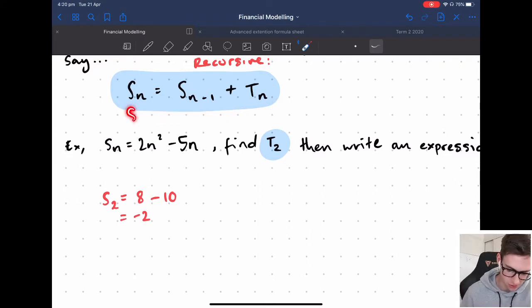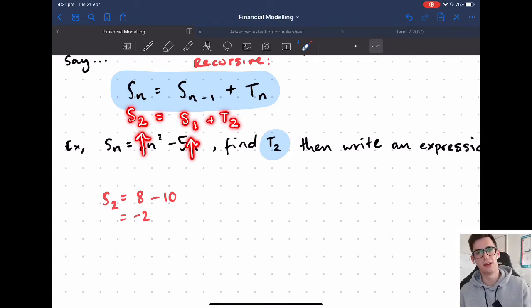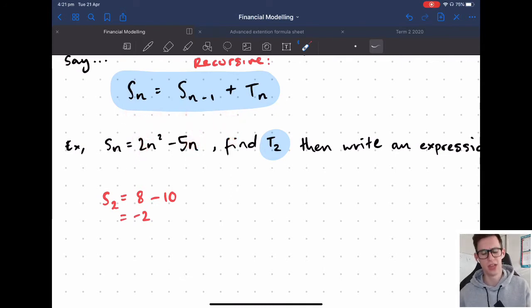We're saying to find the second term, I could set the second sum equal to the first sum plus that term. So if I knew both of those things, the second and first sum, because I already have that formula, then I could quite easily find what that second term was just by manipulating that equation.